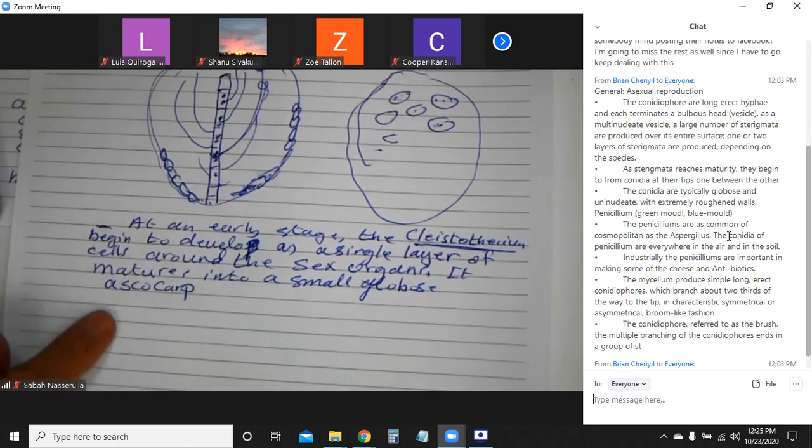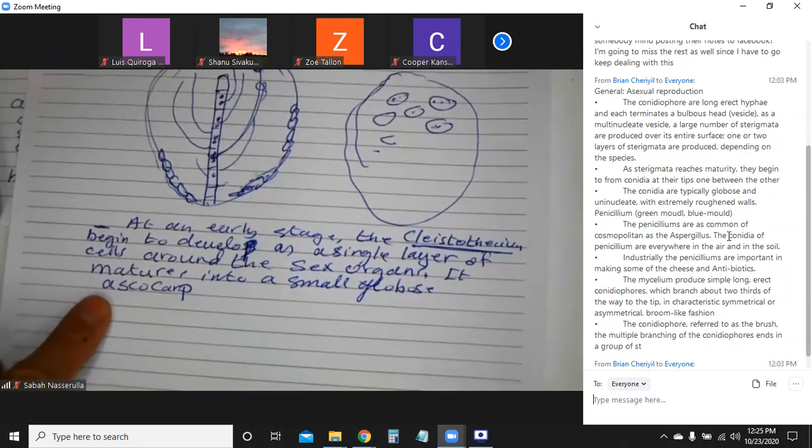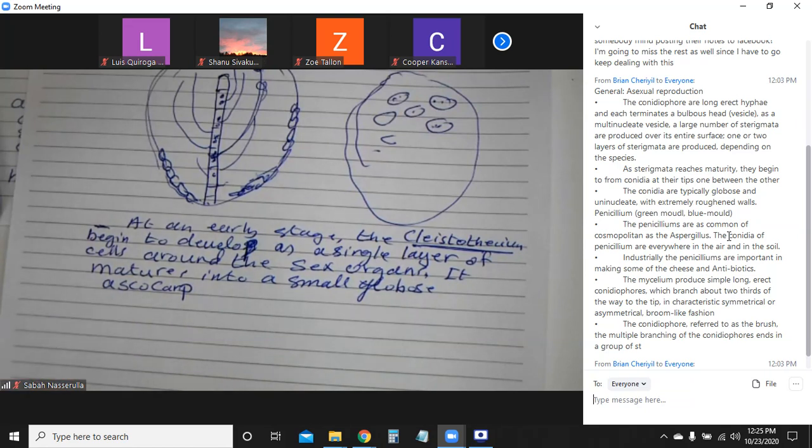Ascocarp is a term for it. You can call it ascocarp, ascoma, or fruiting body, but because it is circular, it is also known as the cleistothecium. Is that clear or confusing for you? Please let me know.